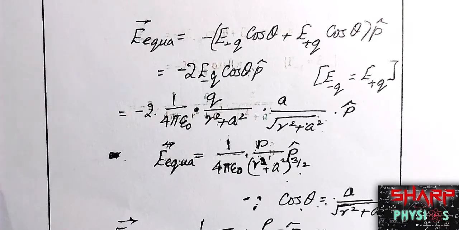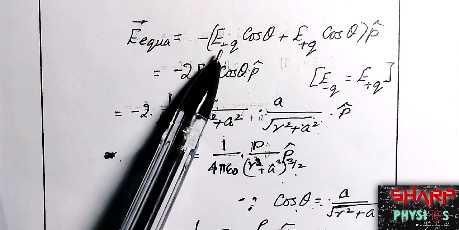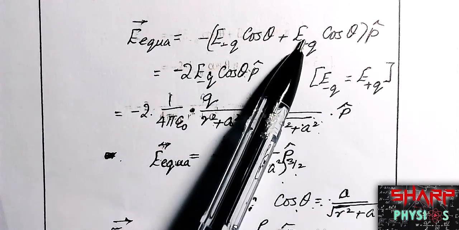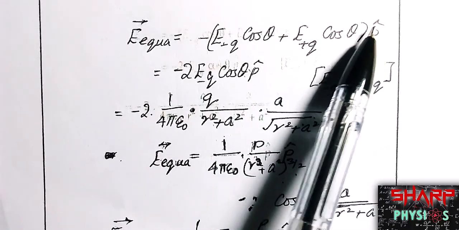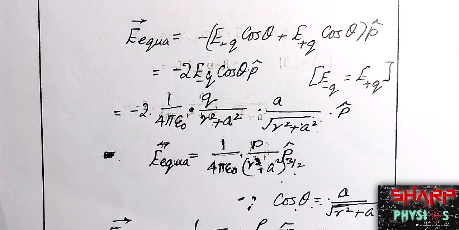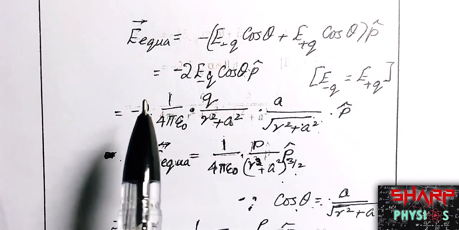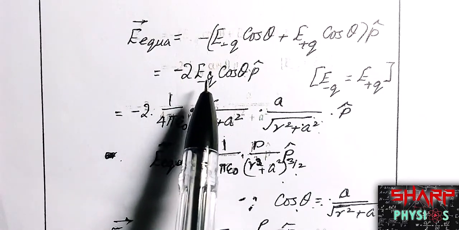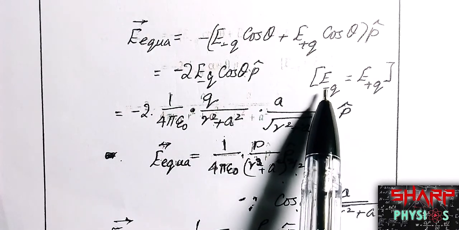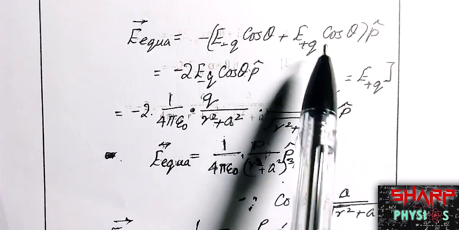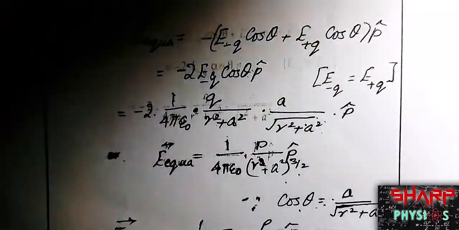Therefore, you can see here that at the equatorial point the electric field is equal to minus the electric field of the negative charge cos theta plus the electric field of the positive charge cos theta, into the dipole moment P cap, which is equal to, if you just add it, minus 2 E minus Q cos theta P cap, since E minus Q is equal to E plus Q. So the values will be the same, and when you add, you get minus 2.